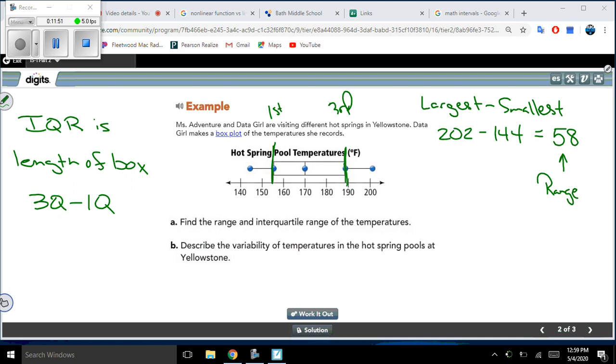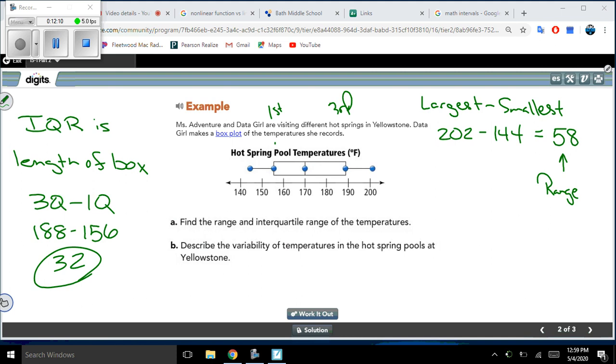So we're looking at about 188 minus about 155, 156 maybe. So we're saying that our interquartile range is going to be about 32.